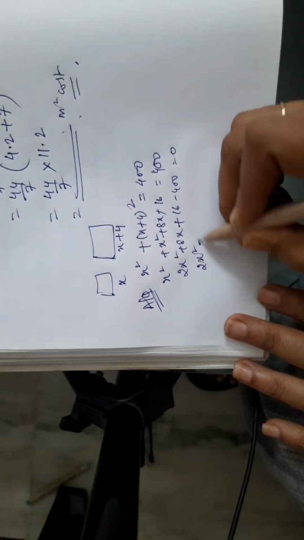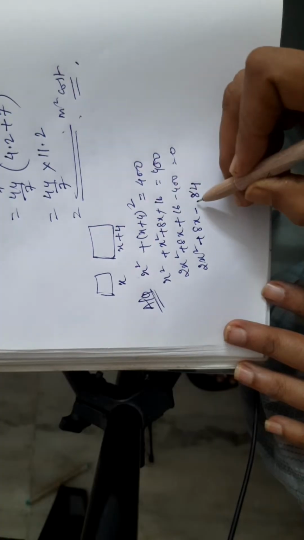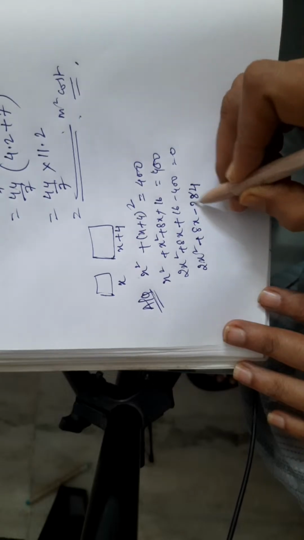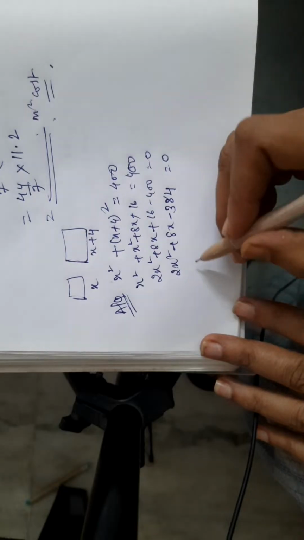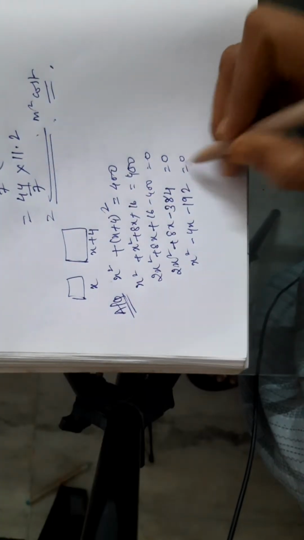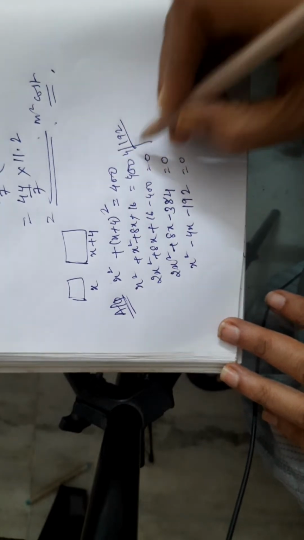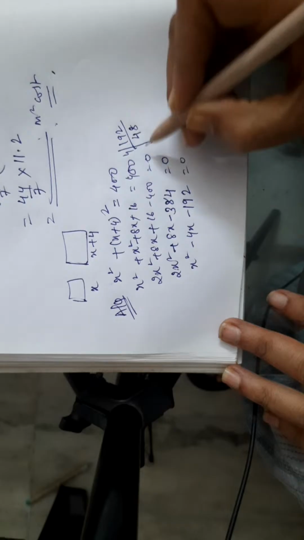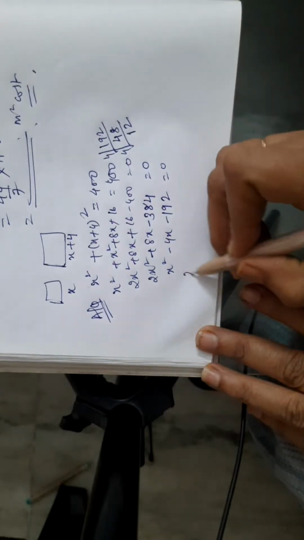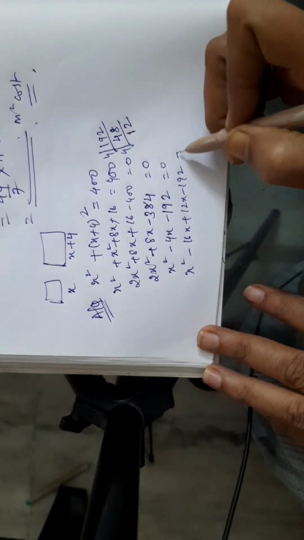Now 2x square plus 8x minus 384, taking 2 common, we need to find factors for 192. So the factors are minus 16x plus 12x minus 192 is equal to 0.